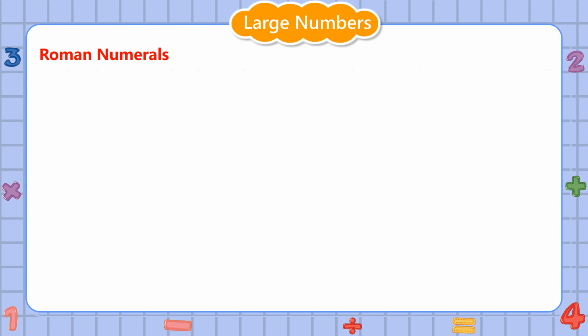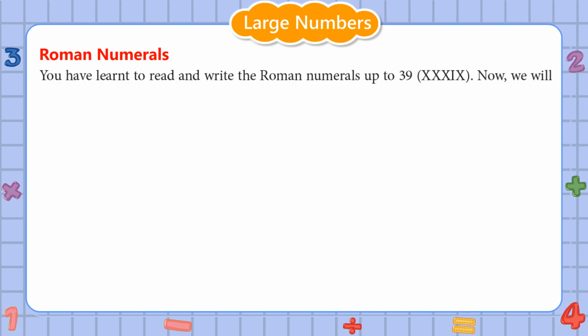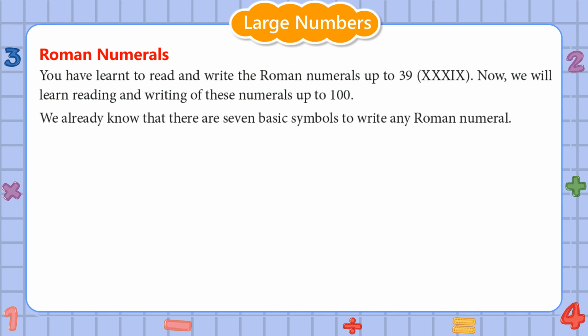Roman numerals. You have learned to read and write the Roman numerals up to 39. Now, we will learn reading and writing of these numerals up to 100. We already know that there are 7 basic symbols to write any Roman numeral.